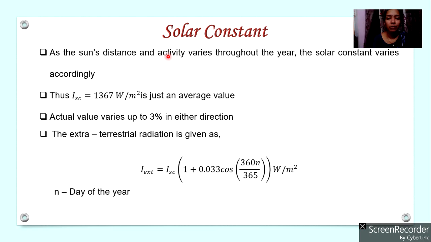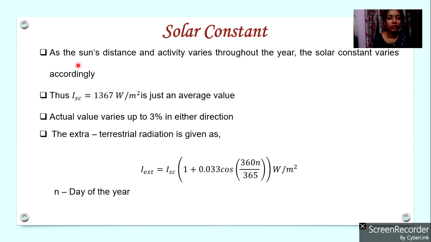But this 1367 watt per meter square is just an average value. That means the solar constant will not remain constant. It will vary. Why? As the sun's distance and activity varies throughout the year, the solar constant also varies.